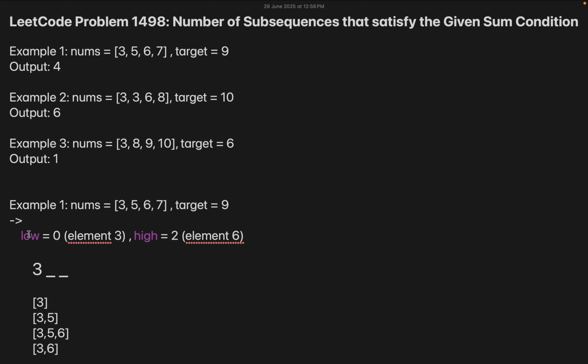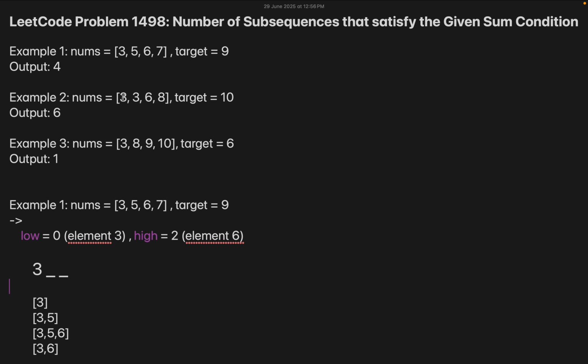So what does it mathematically come up to be? For this low and high, it is 2 to the power high minus low. If we take a bigger example, it will be obvious it's not 2 into 2, it's rather 2 to the power high minus low.